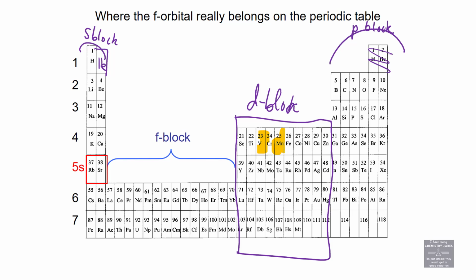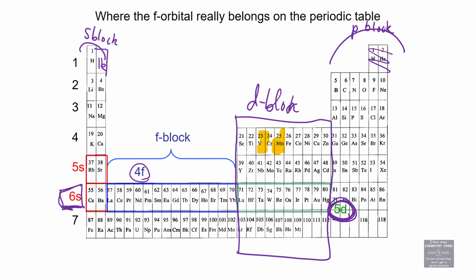The same odd logic applies when you get to the 6s row: after 6s becomes 4f. So 4f is on the 6th period of the periodic table, and 5d is on the 6th period of the periodic table.